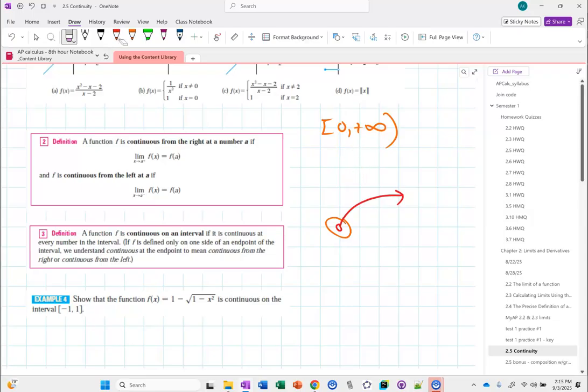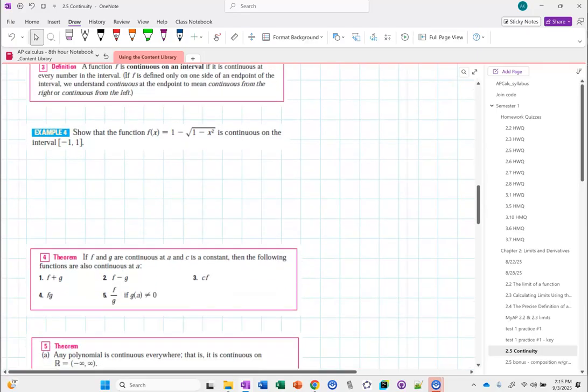For these functions that have closed intervals, you don't need both the left-hand and right-hand limit. You just need whichever end of the limit goes into the interval. You don't need the other end. Does that feel okay? So it's just covering a contingency.